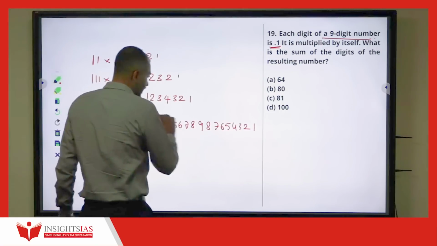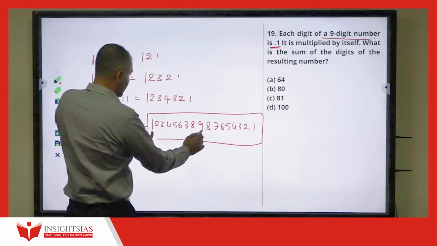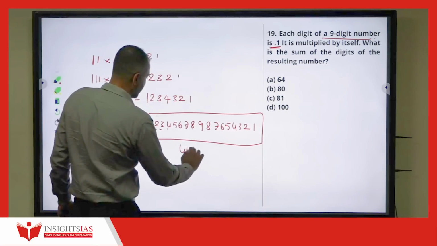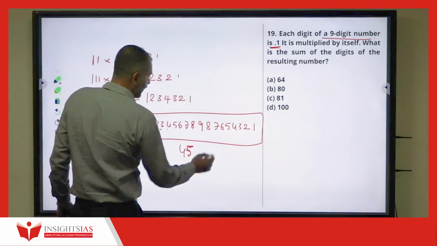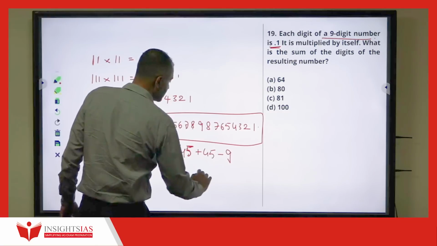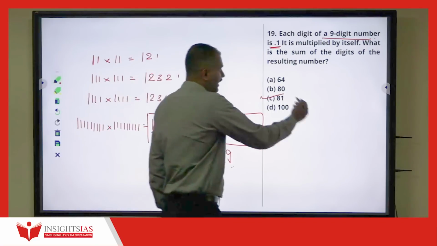This has to be the number, and the sum of its digits: 9 plus 1 is 10, 20, 30, 40, 45. Again this side also 45. Since I have added 9 on both sides, 90 minus 9, which is nothing but 81.